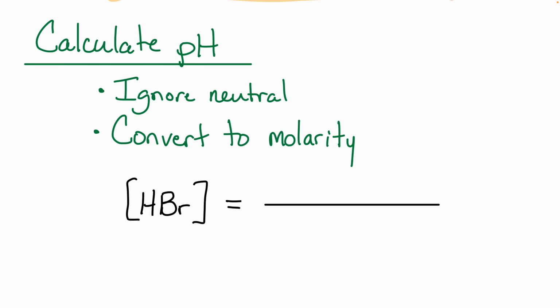Moles over liters. So what I know is I have my 150 millimoles of HBr. That's what my ice table told me. If I can divide that by milliliters of solution, that milli cancels out, leaving me with moles over liters, or molarity.